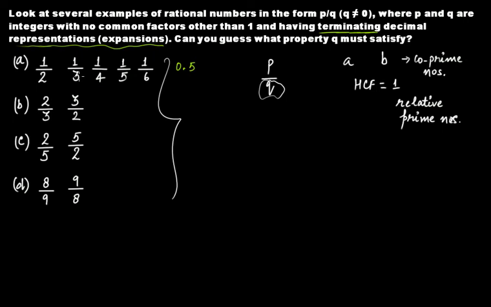If you divide 1 by 3, then you'll get 0.333 and so on. It's non-terminating, right? If you divide 1 by 4, you'll get 0.25. It's terminating. So this gets satisfied. If you divide 1 by 5, you'll get 0.2. Again, terminating.